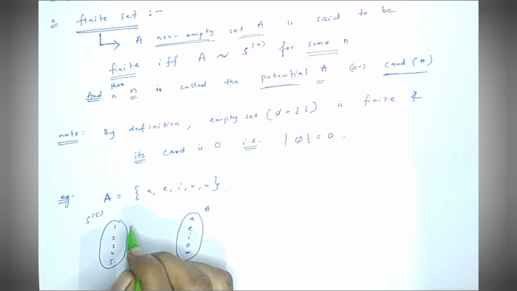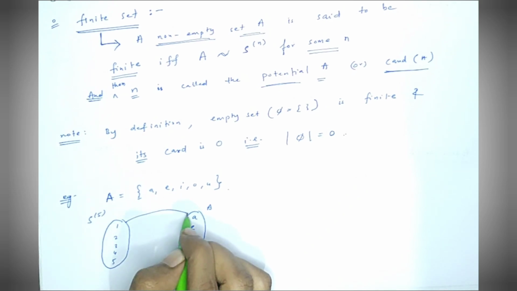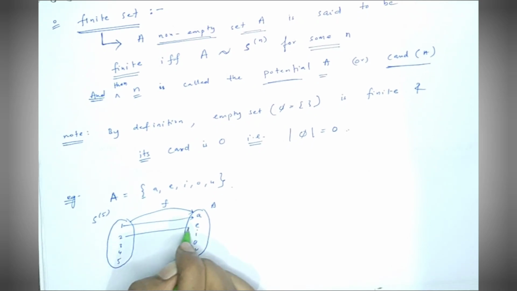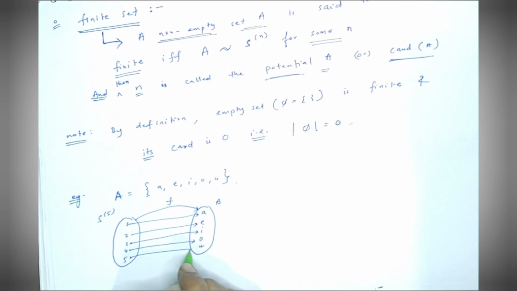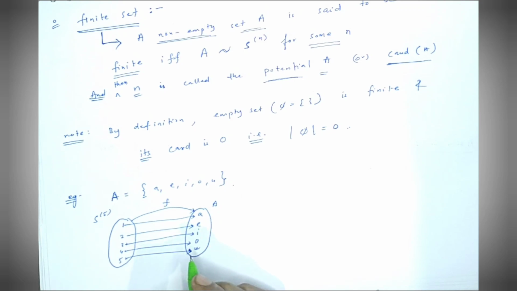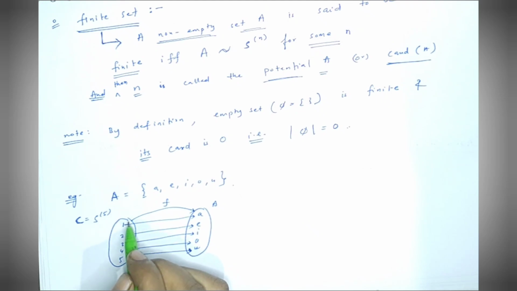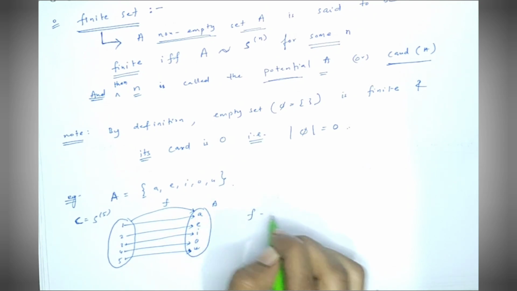Let's define a function from the initial segment of natural numbers S5 to set A such that 1 is mapped to A, 2 is mapped to E, 3 is mapped to I, 4 is mapped to O, and 5 is mapped to U. Let me denote this first set as C. All the elements of the first set C are assigned to all the elements of set A, and they are distinct. Since they are distinct, we can say this function f is one-one.